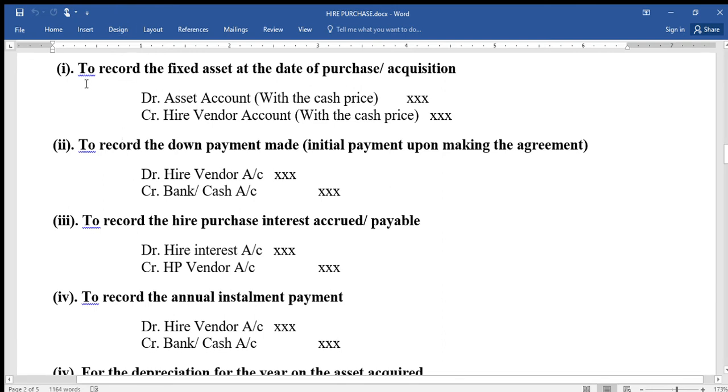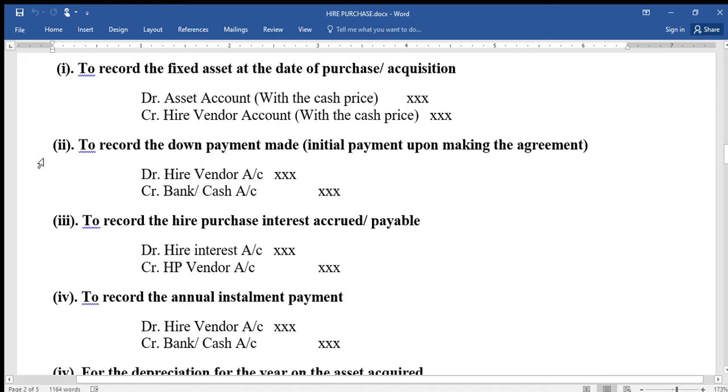To record the fixed assets at the date of purchase or acquisition, remember assets are increasing and assets increase by debiting, so we debit the asset account with the cash price and then we credit the hire vendor's account. A hire vendor is a creditor and creditors increase by crediting. So we credit the hire vendor's account with the cash price also.